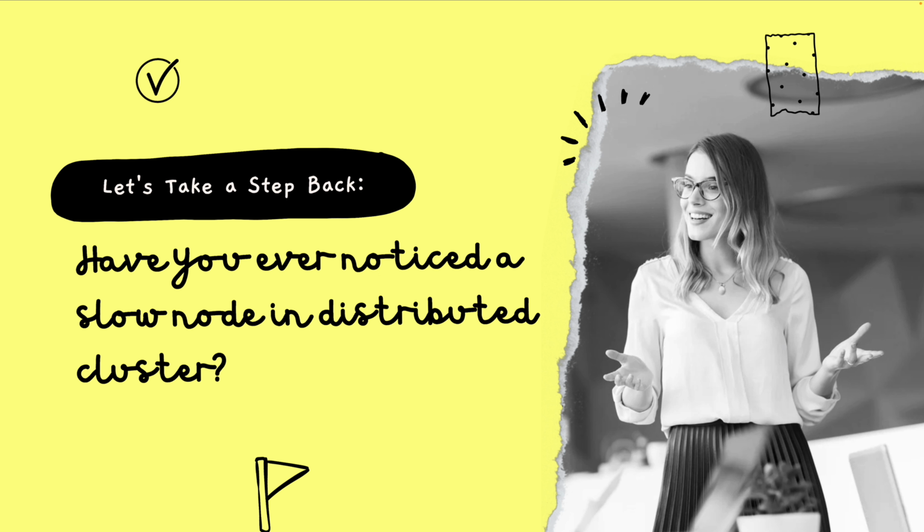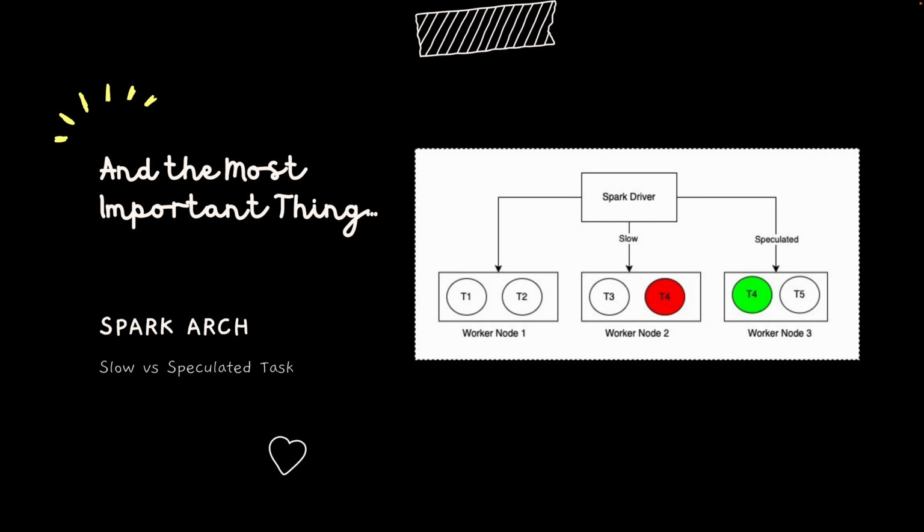Now, why does it make a difference? Let's imagine you are processing a large data set and one task is taking much longer than the others. As you can see here, Spark driver has assigned tasks to multiple worker nodes, and on worker node 2 you have a task T4 which is taking longer than usual. Now this slow task or straggler can delay the entire job.